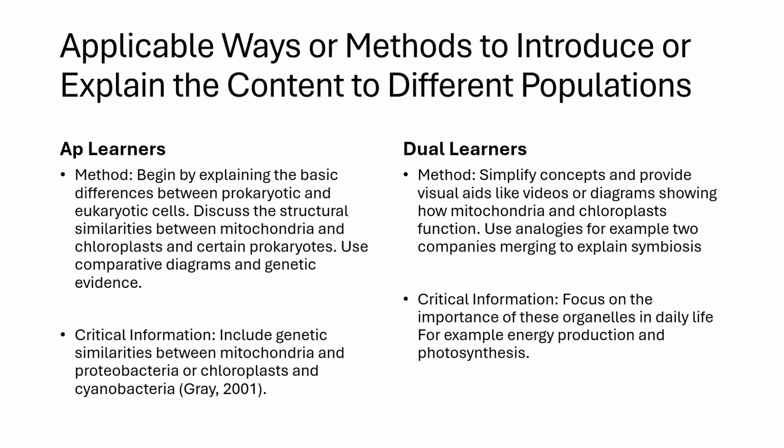Clear, systematic explanations that progress from fundamental concepts to more complicated ones, while adding relatable examples and real-world applications, are necessary for dual-enrolled students juggling high school and college studies. Teachers may make sure students at various academic levels understand the importance of the endosymbiotic theory and its consequences for biological science by modifying presentation style and content depth.